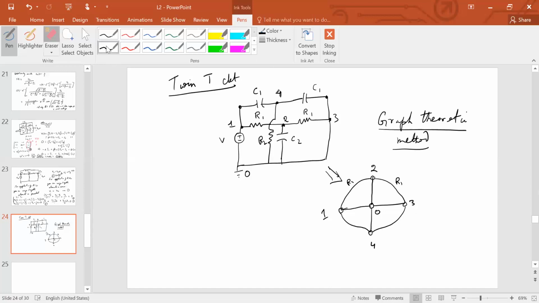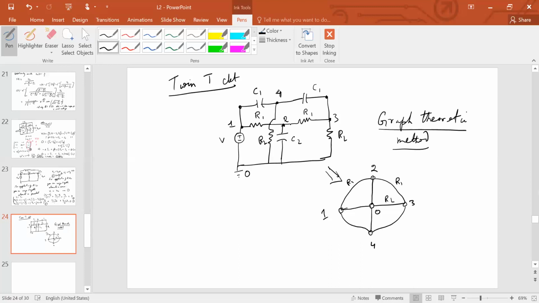Between 3 and 0 there is supposed to be the load. This is the load resistance, okay? Between 3 and 0, this is going to be RL.